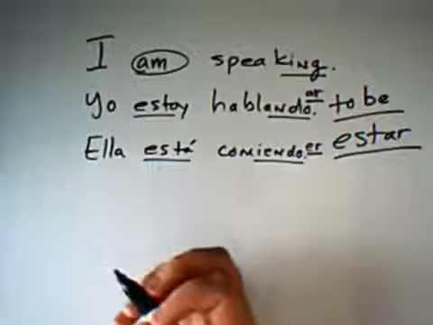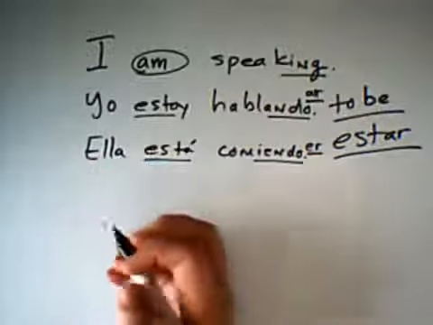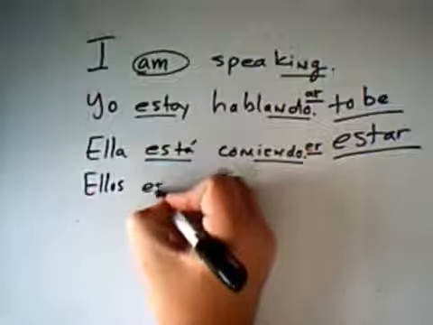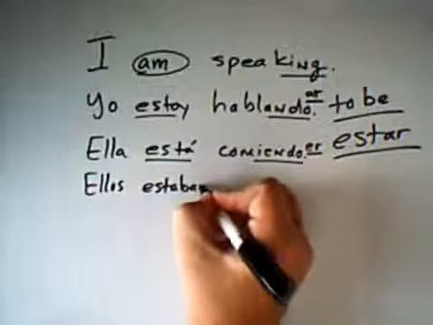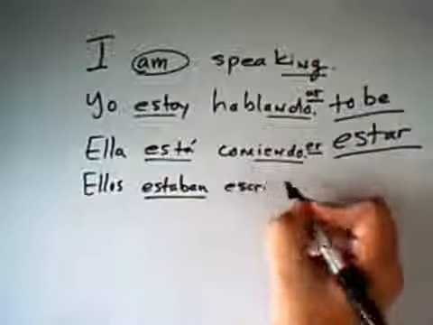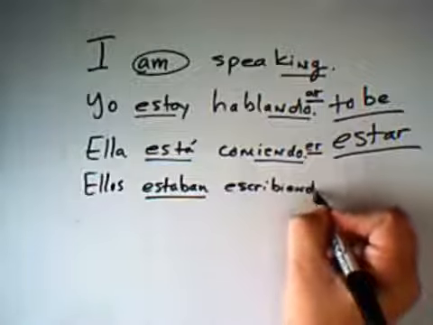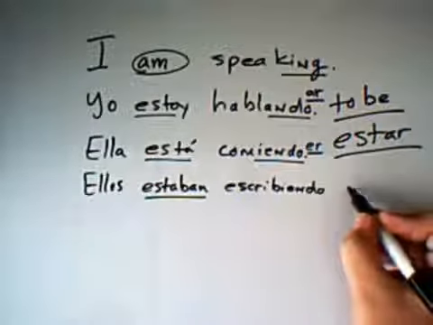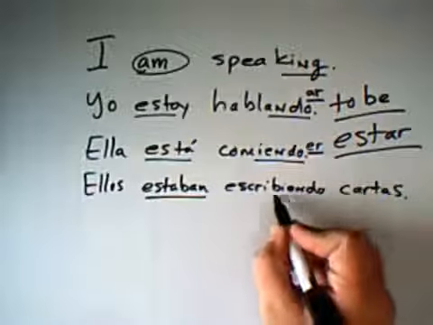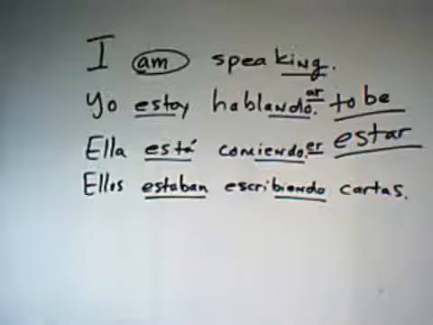Okay, and then our last example was they were writing letters in the past. Ellos used a form of the verb estar in the past: estaban, which is actually the imperfect tense. Escribiendo, escribiendo. Hope you can see that. Cartas. That might be a little bit small to see. I'll try to write larger. Escribiendo cartas.